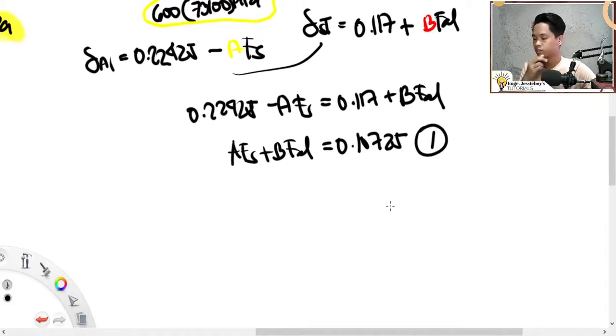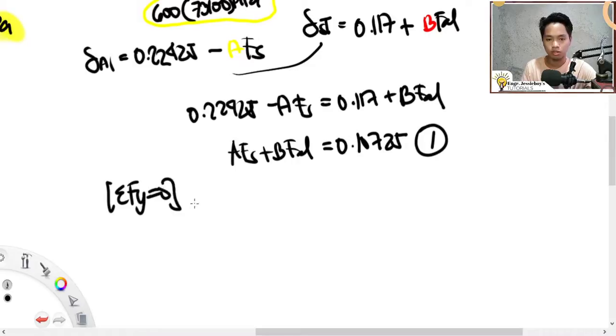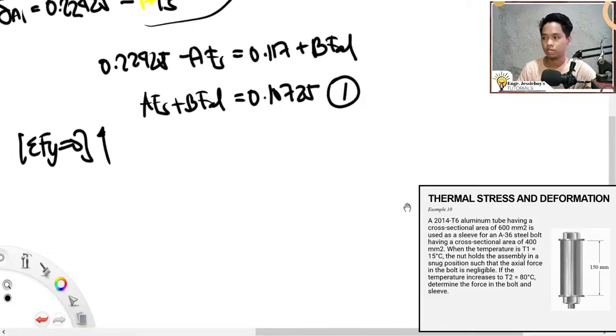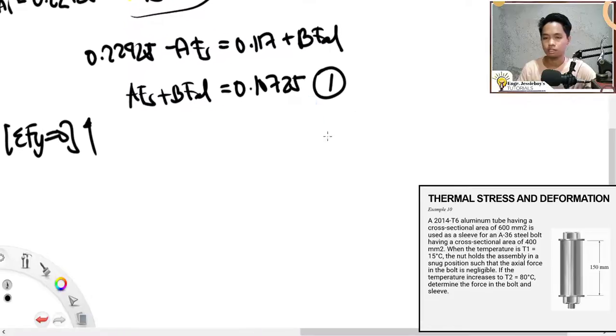So we proceed to the third procedure, that is the equilibrium equation. We are going to use static summation of forces in Y equal to 0. So we draw a free body diagram of the figure below. The aluminum pushes upward, F_AL, and the sleeve of the bolt pulls downward, that would be F steel.